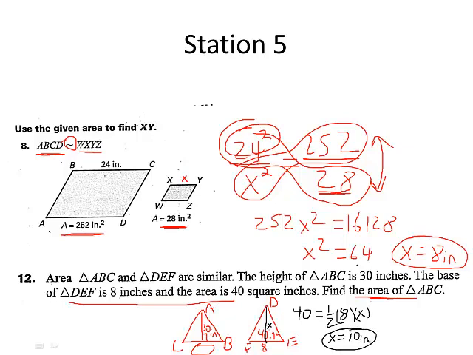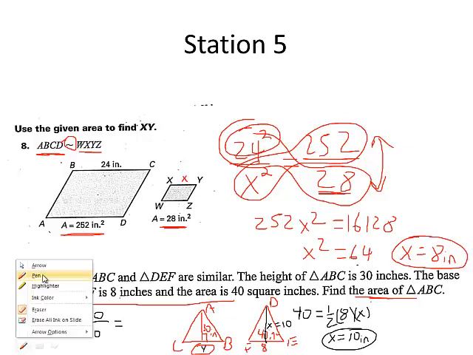So once I have that, then I can actually set up a proportion. So we know that if this is 10, I can set up the proportion. My height, triangle ABC, 30 height is to 10 height of DEF.